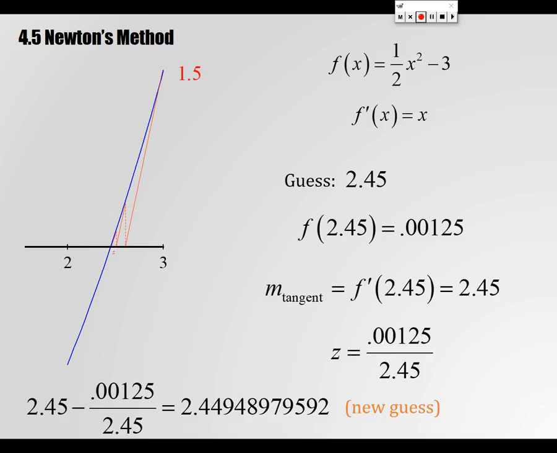It's not really a guess anymore, but it was generated from our original guess. After one iteration of this process, we got x1, which was 2.5, if you remember. Then we did it again, and we generated x2, which was 2.45. And then x3 is what we'll call this number down here, 2.449, etc.